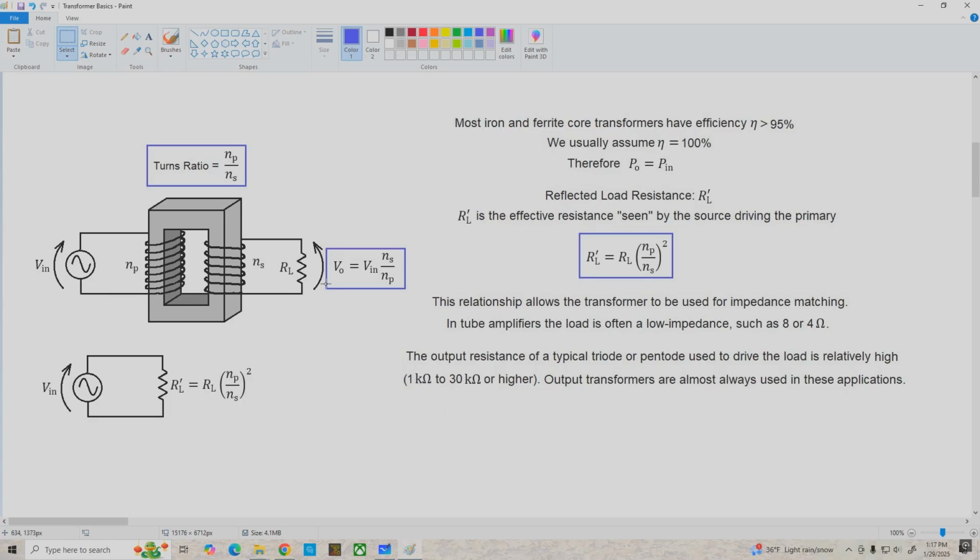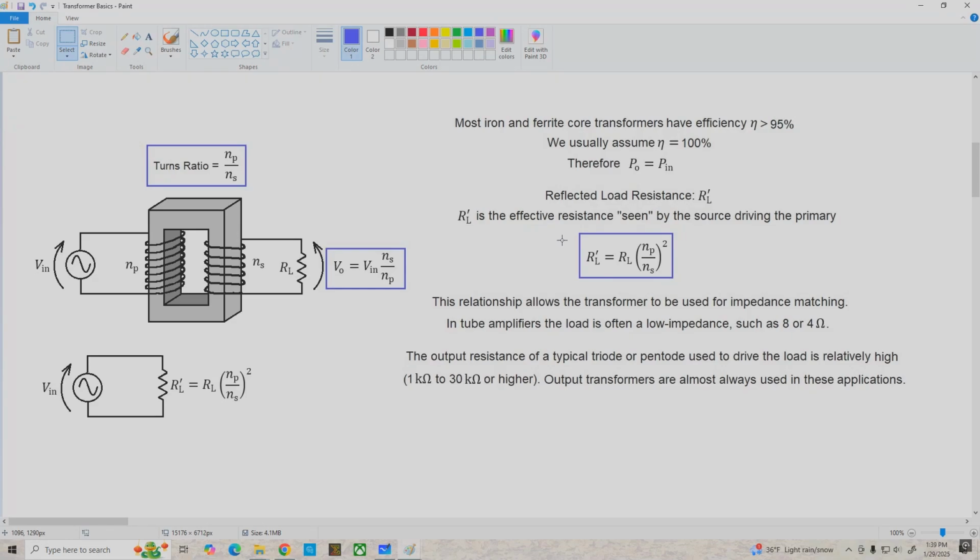The load we're going to be driving might be as low as 4 or 8 ohms, typical of a loudspeaker. So we've got a really terrible impedance match between the vacuum tube and the loudspeaker. The transformer allows us to match these impedances, and that's going to give us better power transfer from the primary to the secondary, that is, from the amplifier to the load.